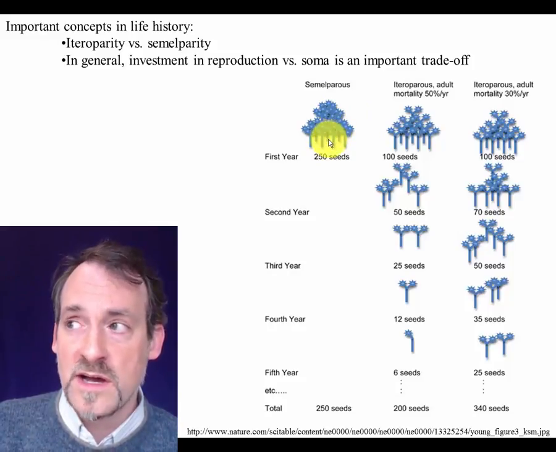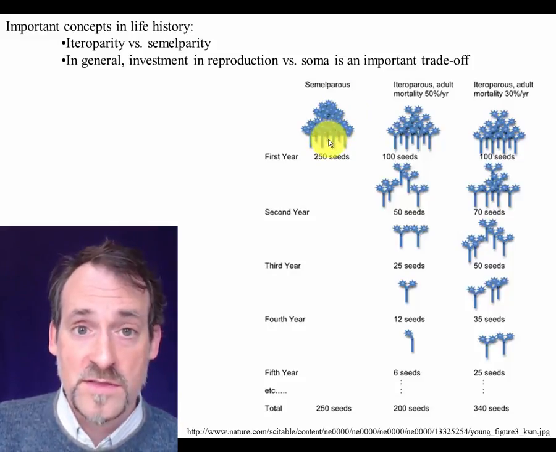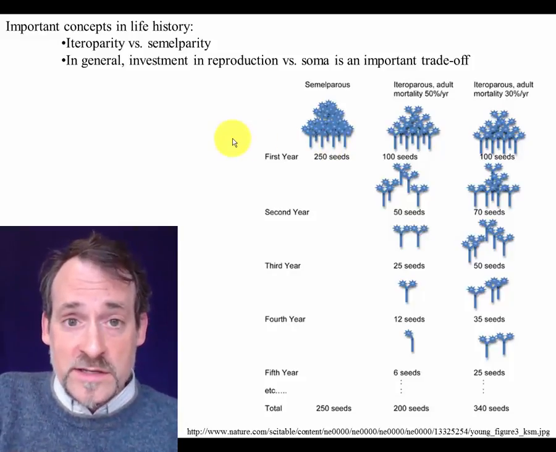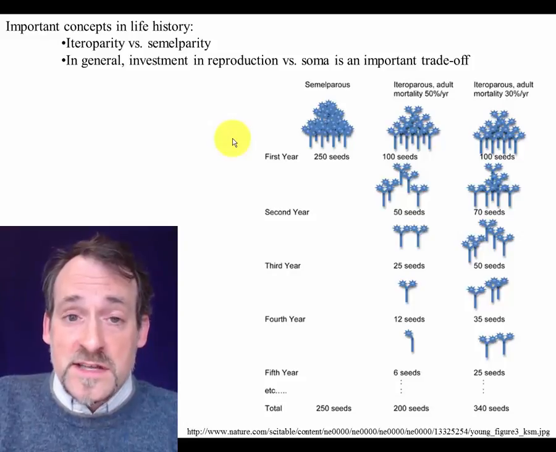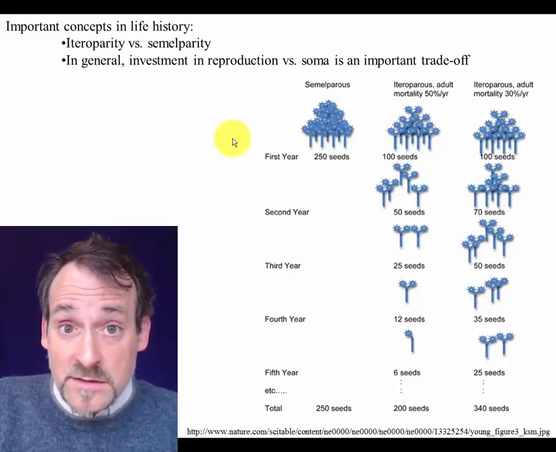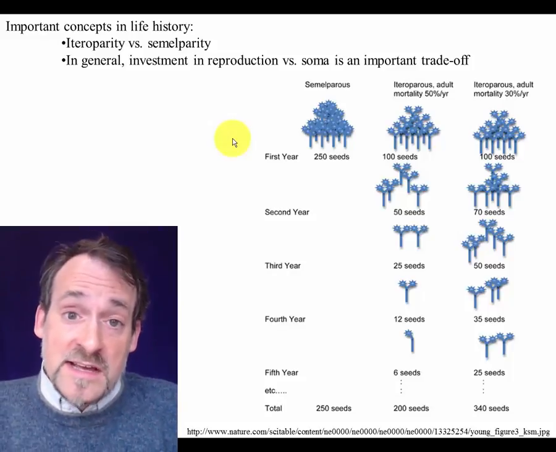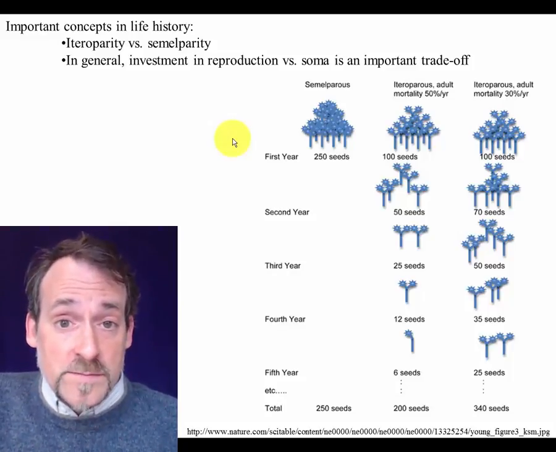So that's one of the factors that tips the balance in favor of iteroparity versus semelparity. If your chance of surviving to the next year is really good, then that tends to favor iteroparity. If your chance of surviving the next year is really bad, that tends to favor semelparity.